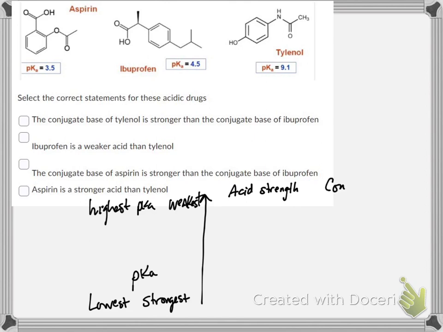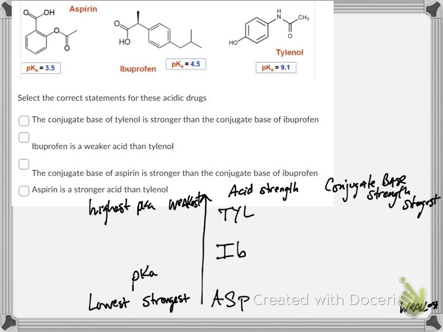We also need to organize the conjugate base story. The strongest conjugate base has the weakest acid, and the weakest conjugate base has the strongest acid. So if you're looking for a property that scales with pKa, meaning the lower it is, the weaker it is, and the higher it is, the stronger it is, that occurs on the conjugate base side.